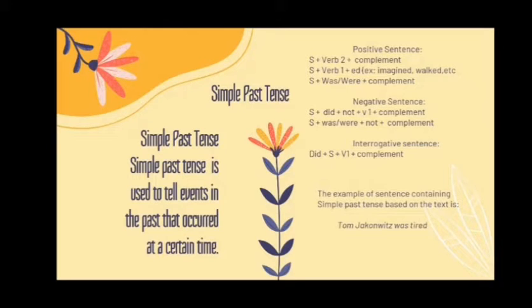Based on the sentence patterns we have learned, we have to look back at the positive sentence, subject plus was or were plus complement. The subject here is Tom Jenkins, plus was, plus complement. Complement here is tired. Tired is an adjective.